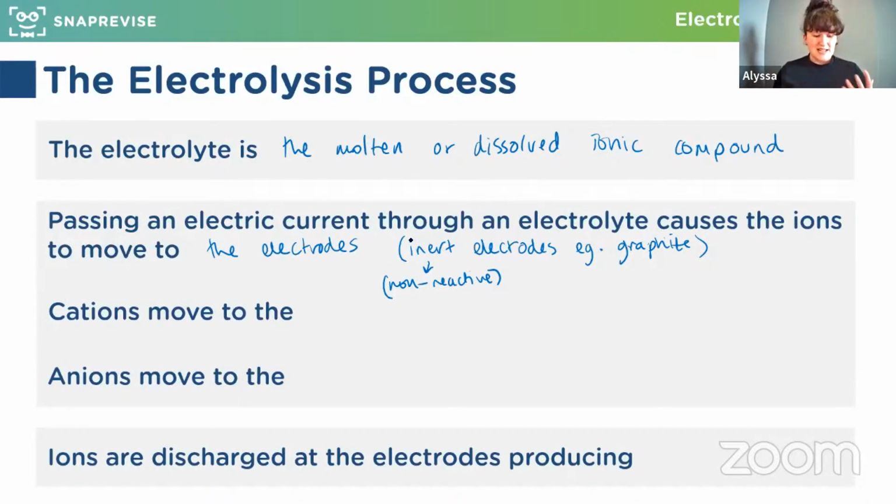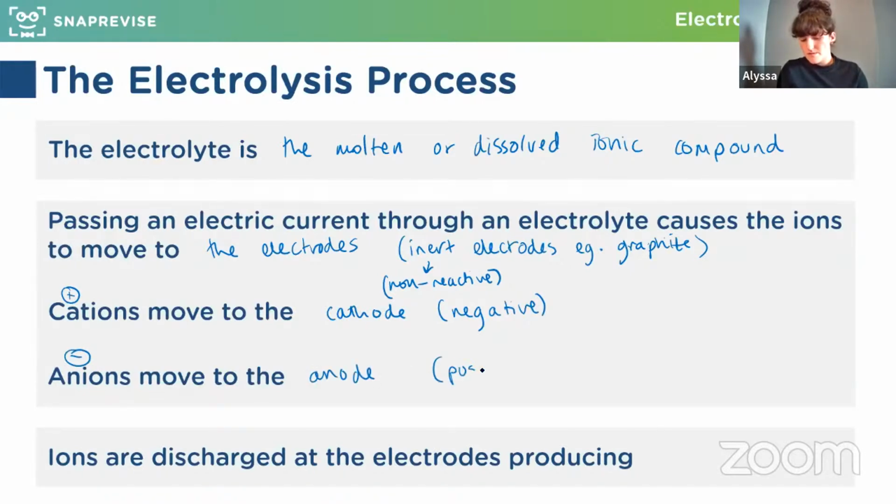Okay, and then we said our cations, which are positive, move to the cathode, which is negative. And our anions, which are negative, move to the anode, which is positive. Fabulous.